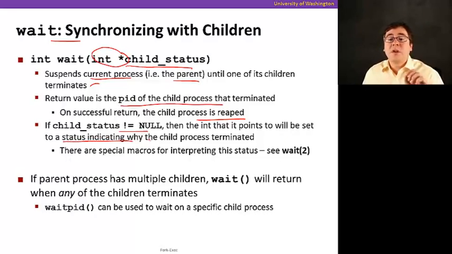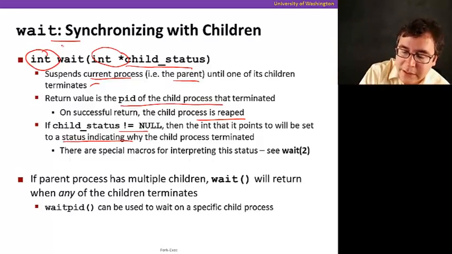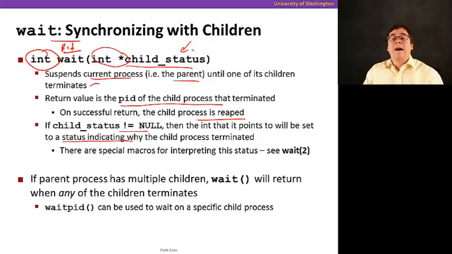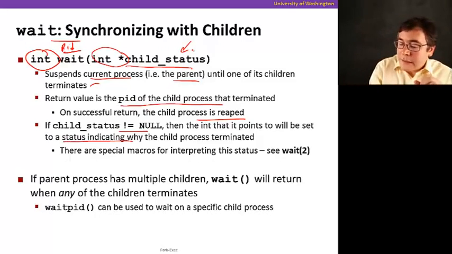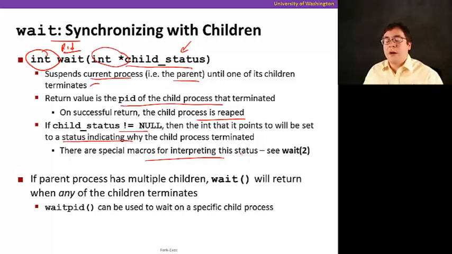So we can read the exit status of the process. The int return value just returns the PID, and this pointer points to the status at exit that the child had. There are special macros to interpret this status, and you can do man wait to see what those mean.